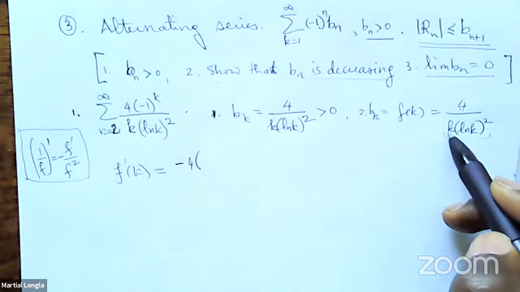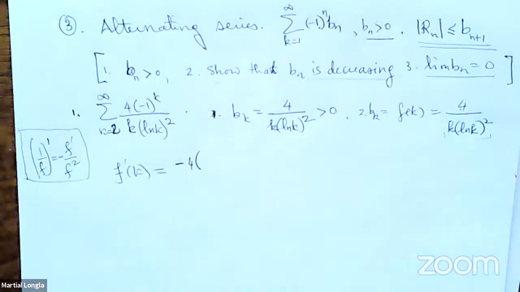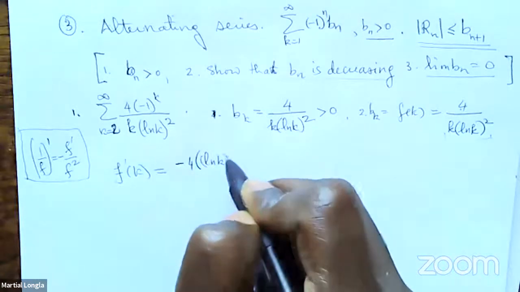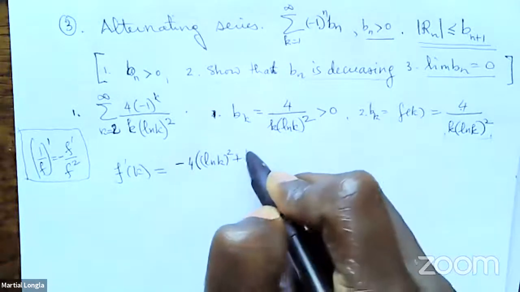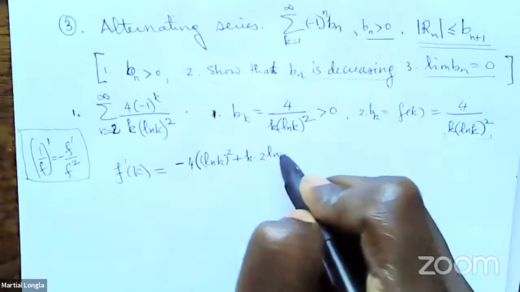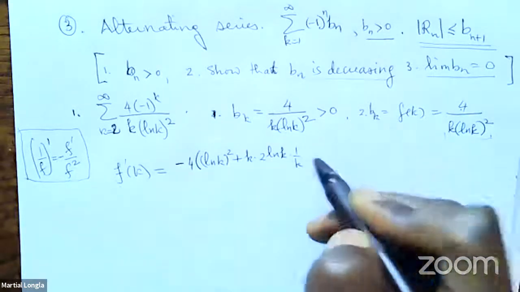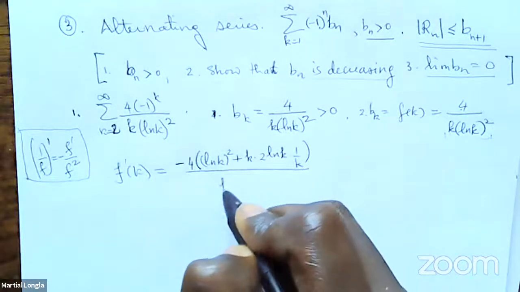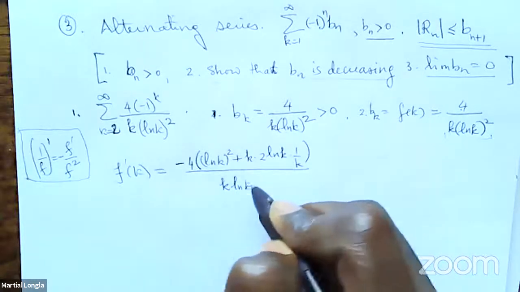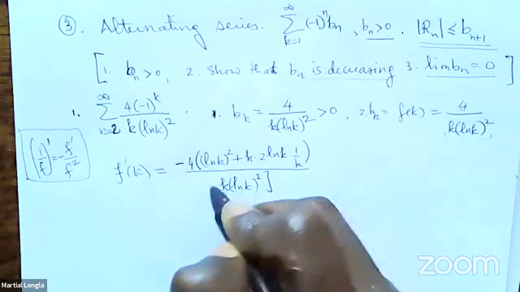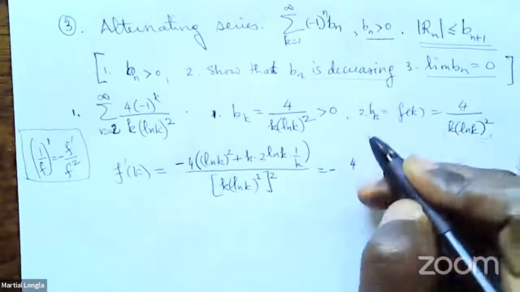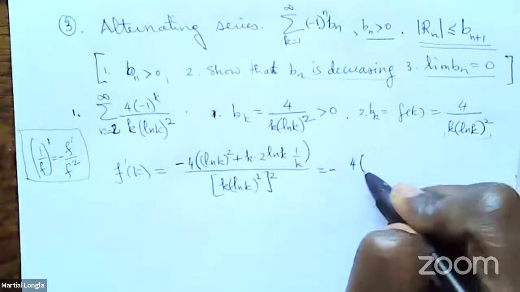That's a product rule. That is going to be (natural log of k) squared plus k times 2 natural log of k times 1 over k, and that will be divided by k (natural log of k) squared, all of this squared.